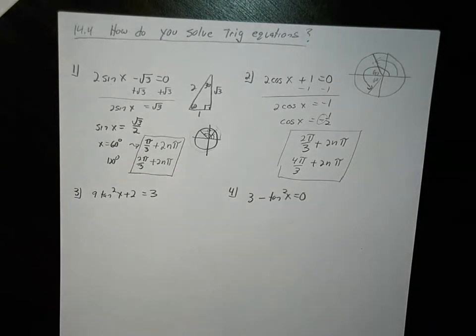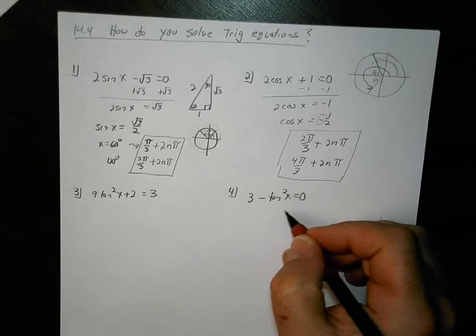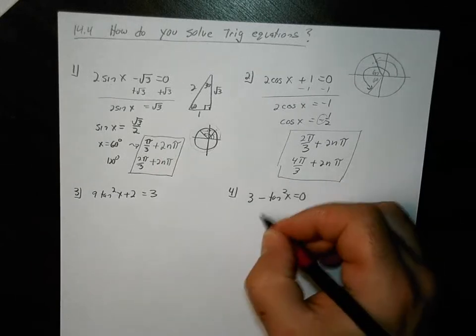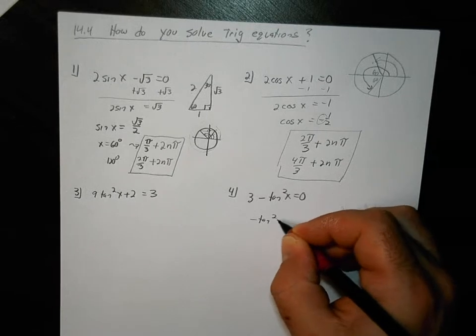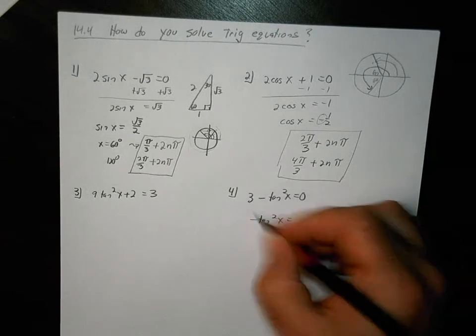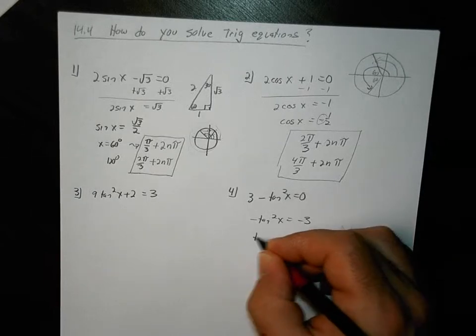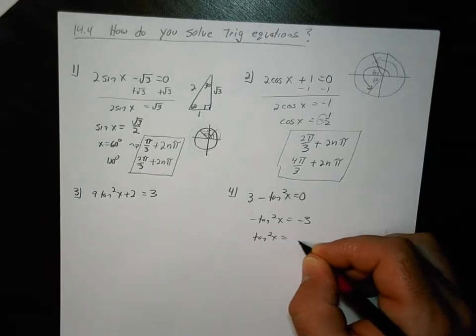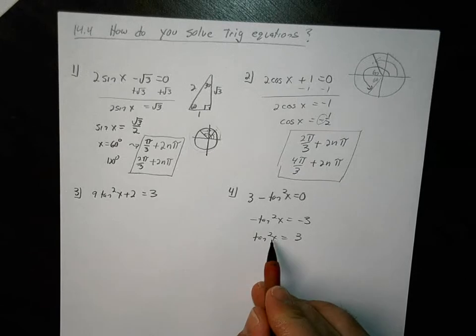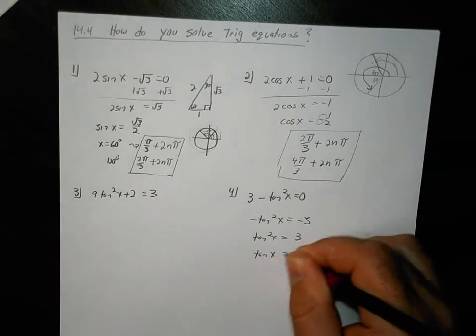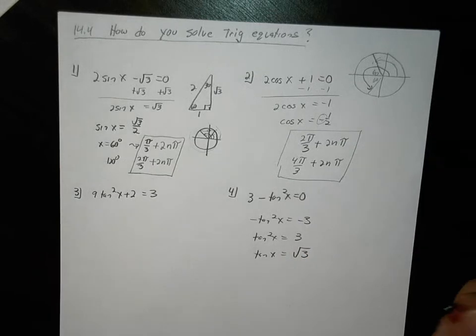Okay. Now let's look at tangent. I'm actually going to do this one first. So let's see what I get here. I bring this over to the other side. I get -3. Divide by -1. I'm going to get 3, and then to undo this squared, I square root both sides. I get the square root of 3.